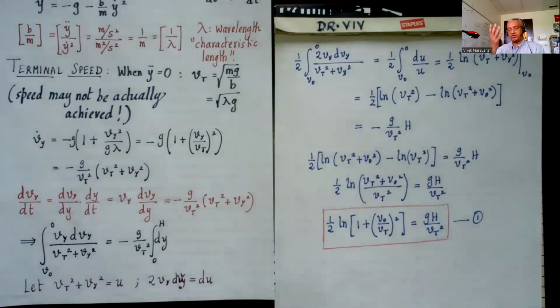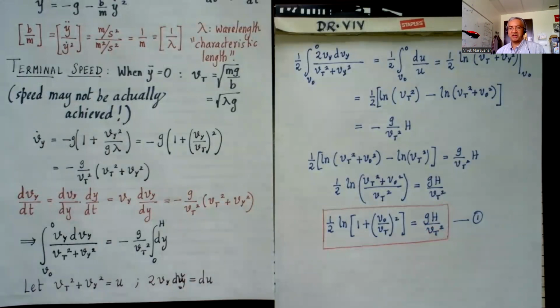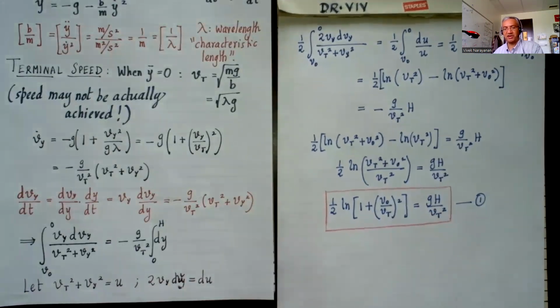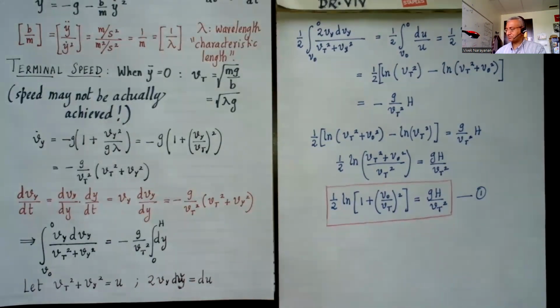You can ask your friend to measure how high it reaches. Your friend is somewhere on the 10th floor of a building, and you throw a ball and you measure the speed of the ball using some cell phone camera, for example. Ask your friend how high it goes, and you can see if it's the same as predicted by this formula. So there are many ways to verify this formula, and you can do experiments to verify if the ball is in fact going with this law.